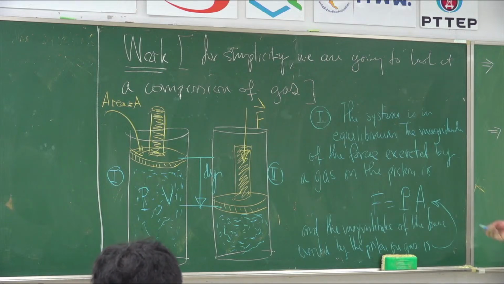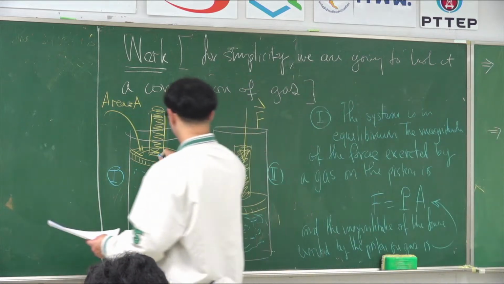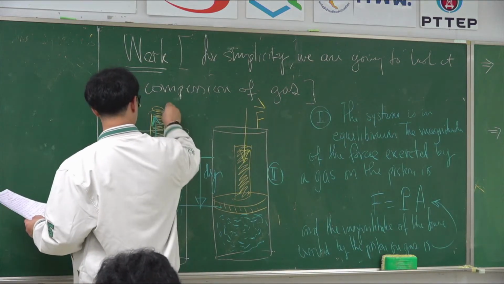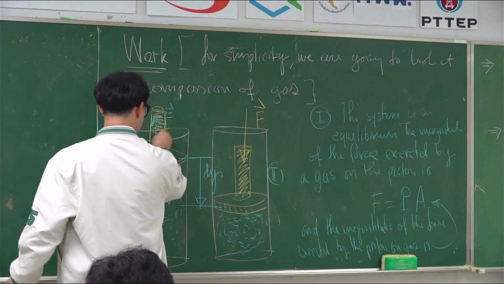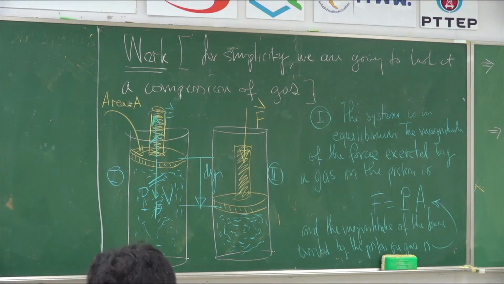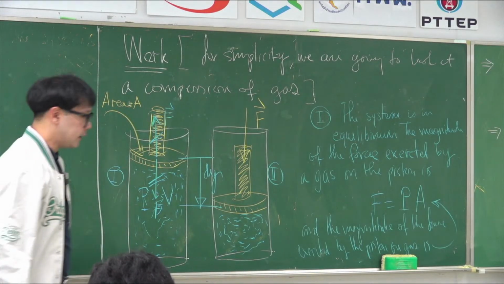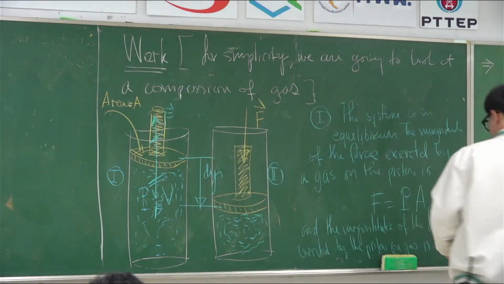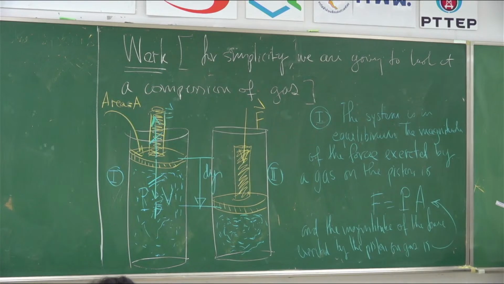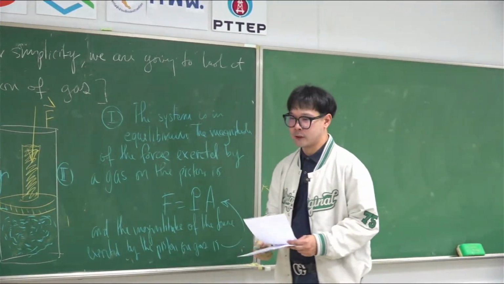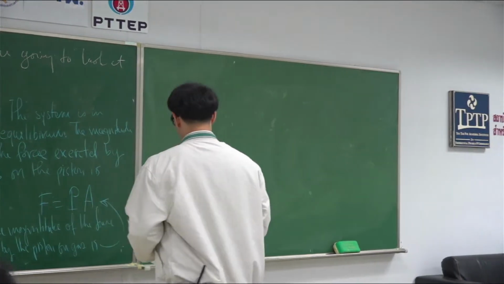So that is the reason why this is in equilibrium, right? Because you have a force acting on here and another force acting on here, which are the same amount. That's why the piston stays still. And this is nothing but Newton's third law, right?